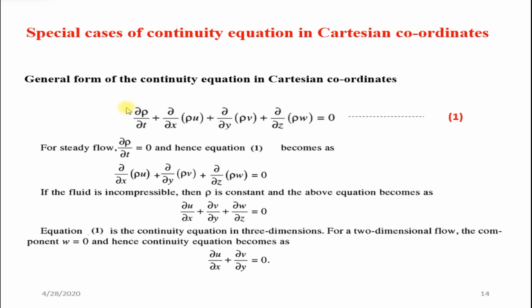If you neglect the ∂ρ/∂t term, then it is a steady flow, because for a steady flow the parameters do not change with respect to time. So this is the equation of 2-dimensional steady incompressible flow: ∂u/∂x plus ∂v/∂y is equal to 0.